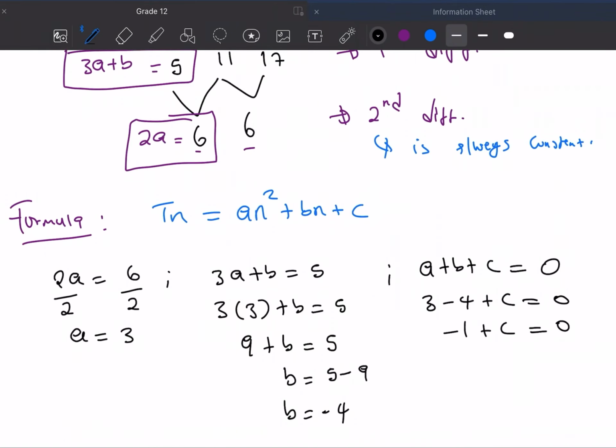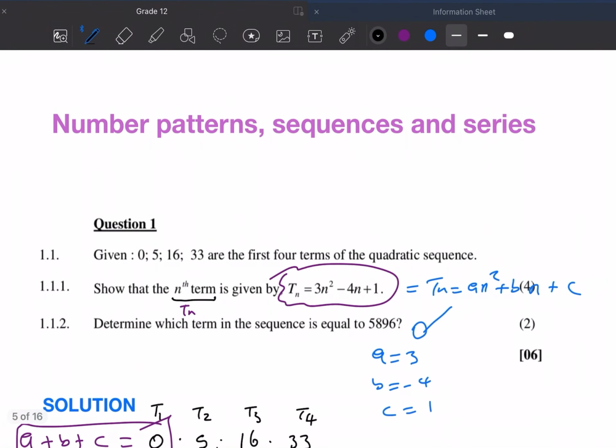And then you take the -1 to the right hand side, it becomes positive, so you're going to have c is equal to +1. This is what they want us to do. Therefore Tn is equal to 3n squared, then b is -4, so you have -4n, c is equal to 1, so you have +1. Voila. So you've proven what they asked us to show here.